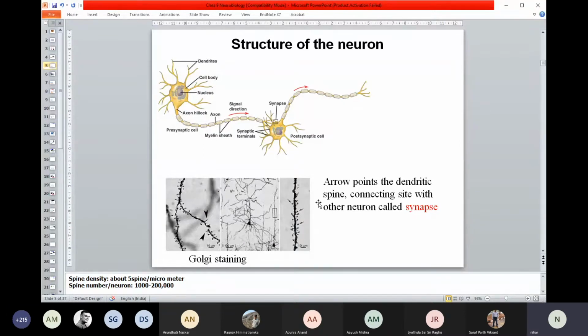Now think about it: they are constantly changing, and that is one of the most fundamental bases on which you can say that your brain is plastic. Our brain is extraordinarily plastic, because the dendritic spines or synapses that are present continuously change depending on the activity the neuron receives.